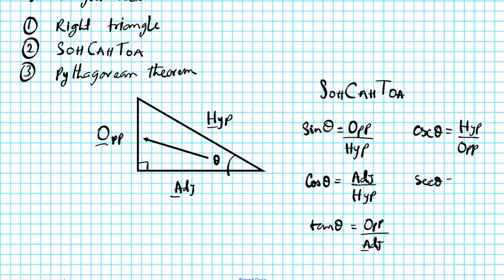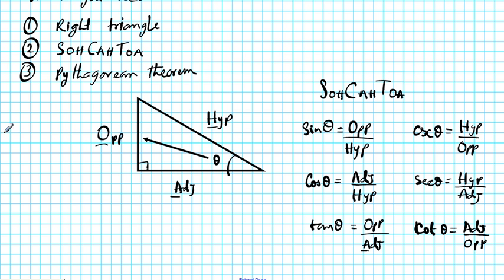So secant theta is hypotenuse over adjacent. And if I reciprocate tan, I get cotangent, and cotangent is adjacent over opposite. So these are the six trig functions that can be generated using SOHCAHTOA and its reciprocals.